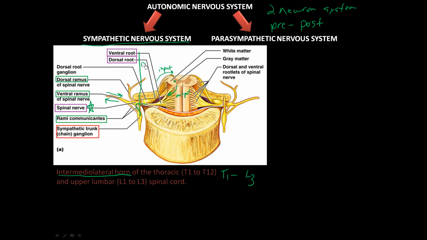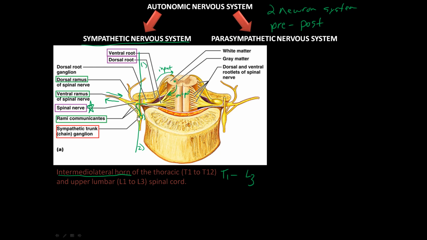Option two is they could travel down. Option three is they could synapse right here in the paravertebral ganglion. If we draw a little dot coming out right here, the dotted line is the postganglionic neuron.